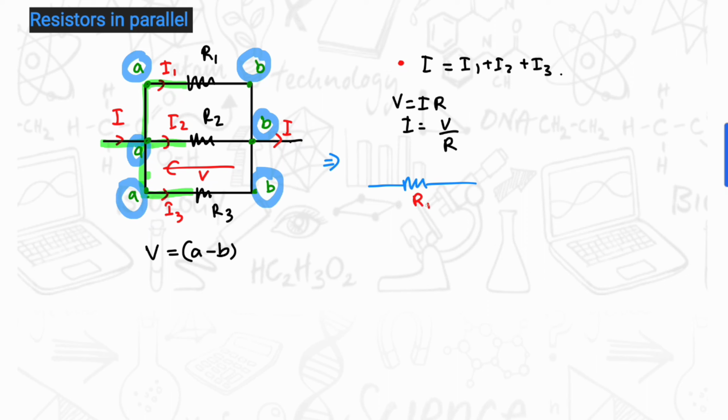Let's say the resistance is RT, and the voltage drop across RT is V, and the voltage values at the terminals will be A and B, and the current flowing will be I.